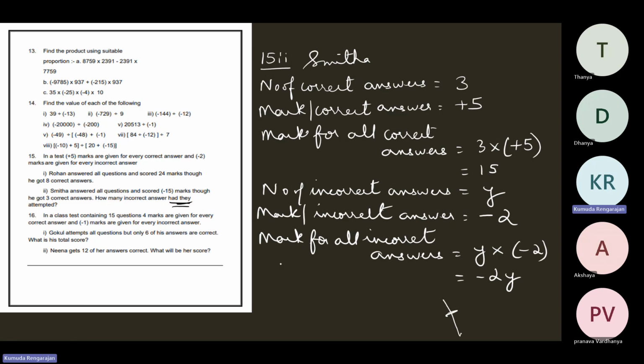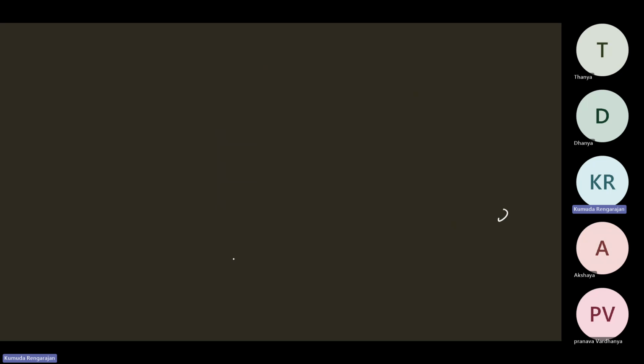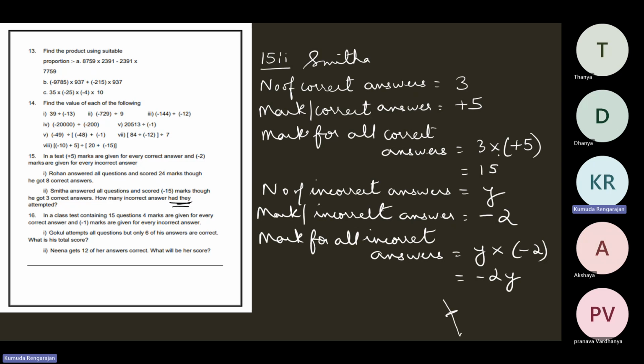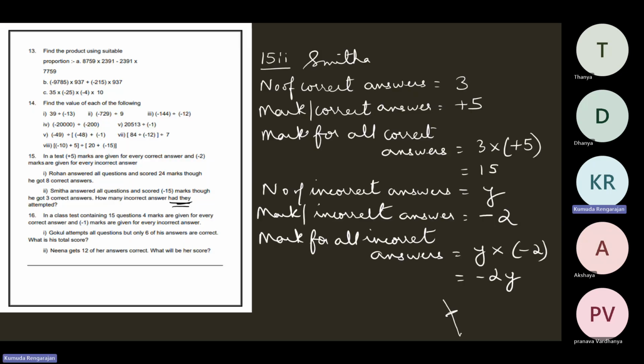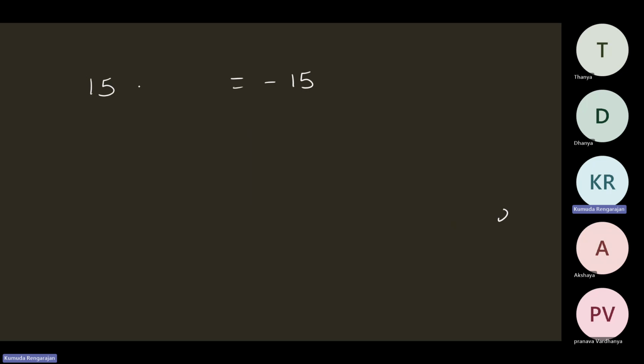Marks for correct answers and marks for incorrect answers together is equal to minus 15. How much she got for correct answers? 15. How much for incorrect answers? Minus 2y.